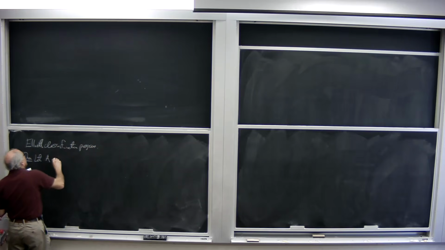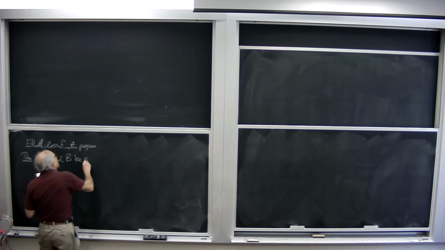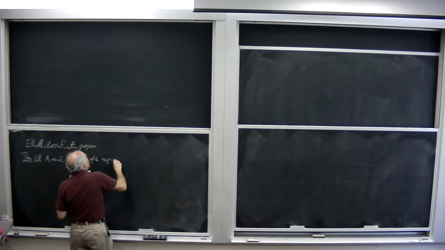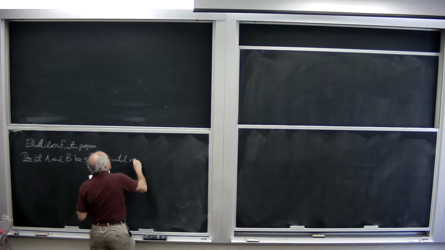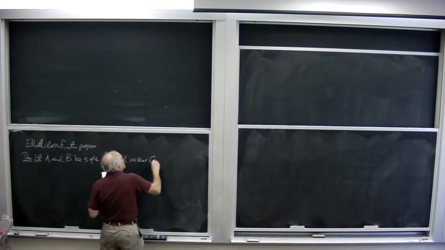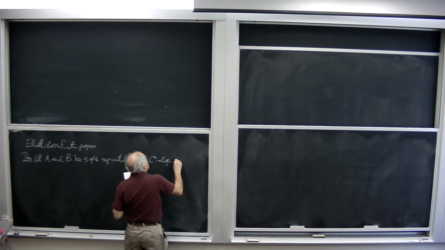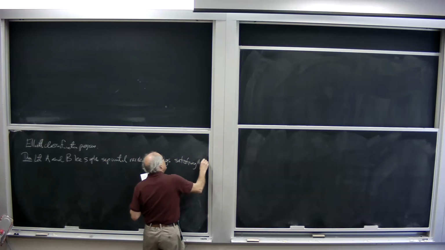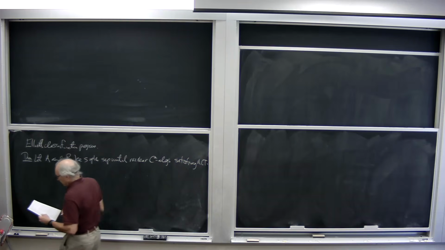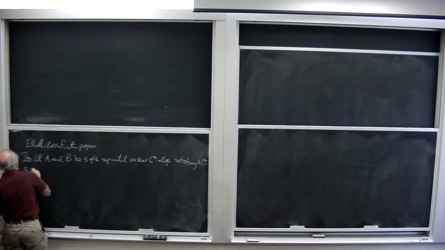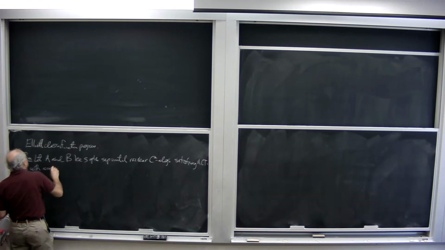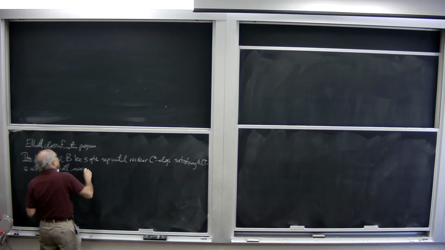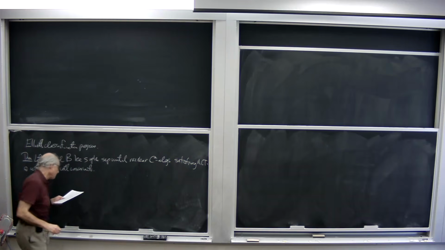Let A and B be simple, separable, unital, nuclear C*-algebras satisfying the UCT, and with isomorphic Elliott invariants, which I will state later.